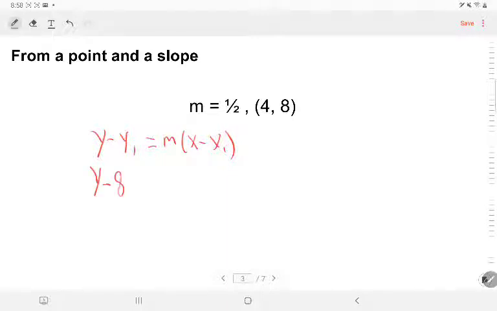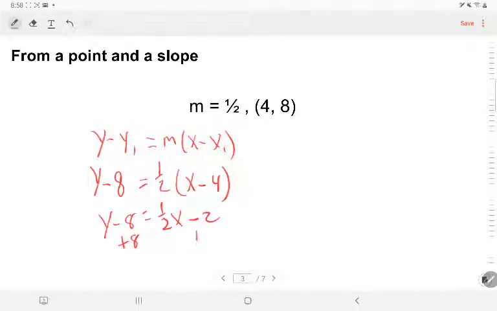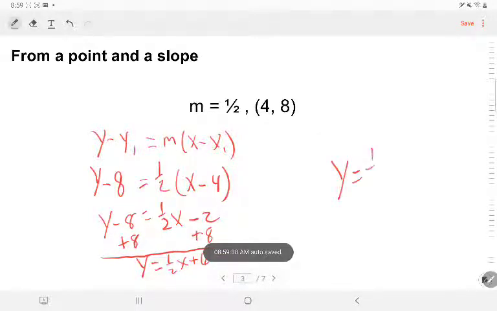Y minus 8 equals my slope times x minus 4. And then solve. Y minus 8 equals 1/2 x minus 2. Have to add 8 to get rid of the 8 from the left side of the equal sign, because negative 8 plus 8 is 0, so that leaves me with a y. 1/2 x plus 6. And that is my answer.